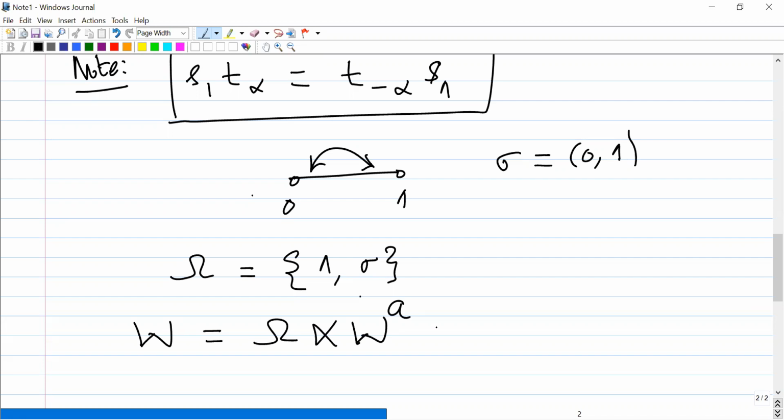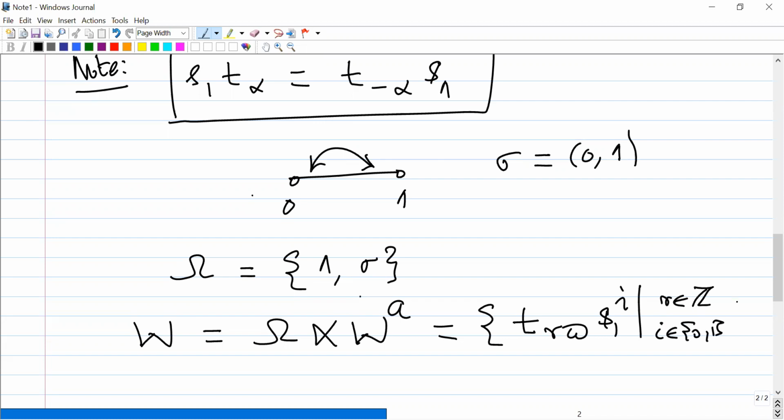It's not hard to work out explicitly what it is as a set. It is exactly equal to all the translations corresponding to omega, T^(r omega), times S1^i, where r comes from Z and i comes from 0 to 1.